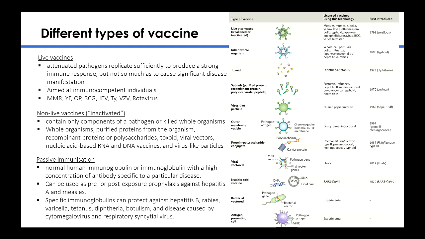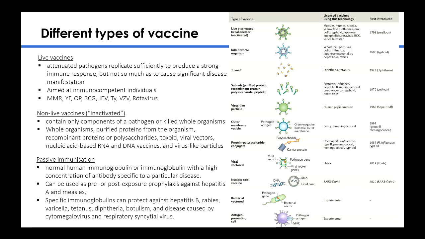Conjugate is part of subunit vaccines, so it's just another classification of a subunit. Viral vector, as we have for Ebola, or the SARS one, the adenovirus one. Nucleic acid, so again SARS-CoV, so mRNA, and these ones are experimental.